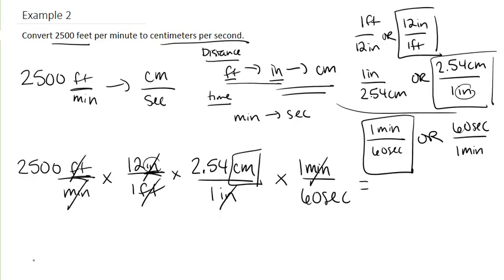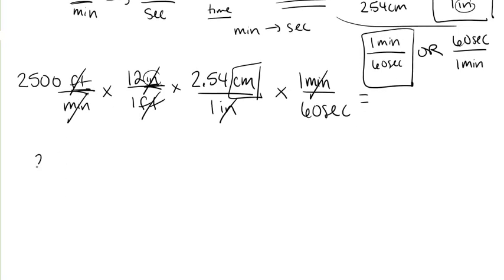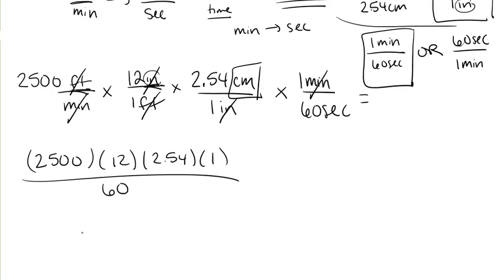So we can go ahead and rewrite this as 2,500 times 12 times 2.54 times 1, which is all over 60, as 1 times 1. And this is centimeters per second.